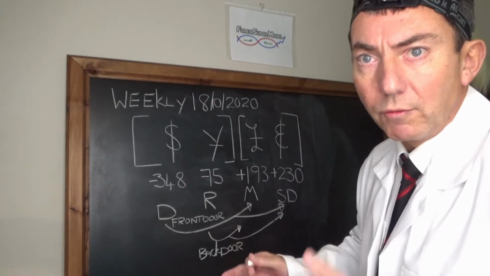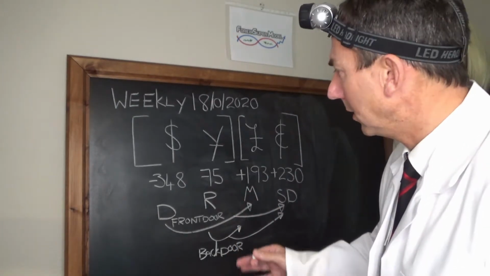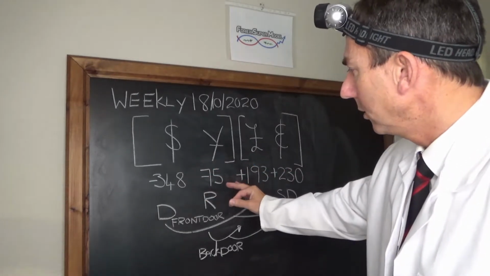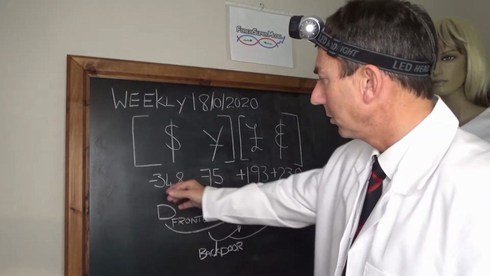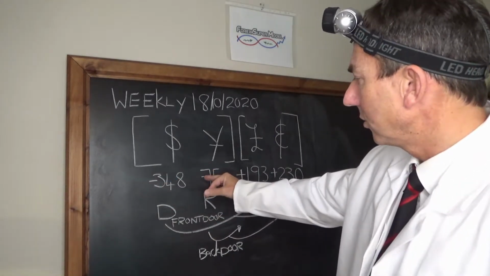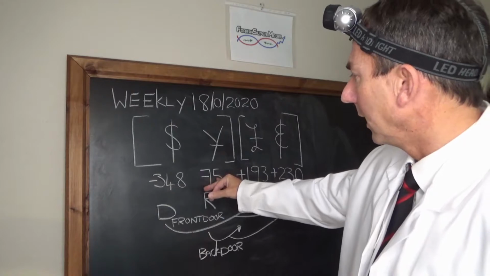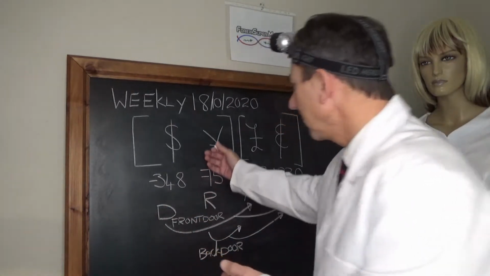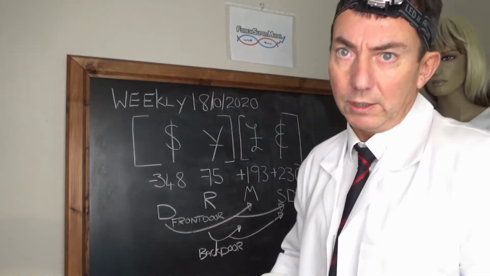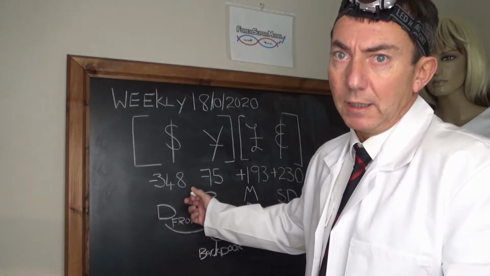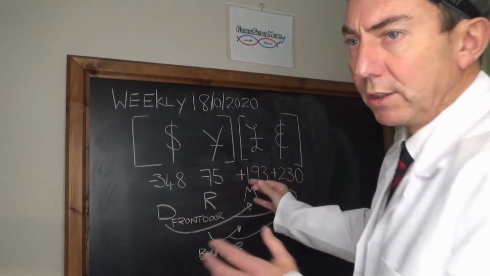The ratio of those flows depends on how these complexes set up. So you can get a situation, for example, if we had minus 348 there, we could have had minus 300 on the yen, in which case it would have been very evenly balanced, and you'd have had significant backdoor flows as opposed to minimal backdoor flows in that case. Now, you can obviously write this the other way around.